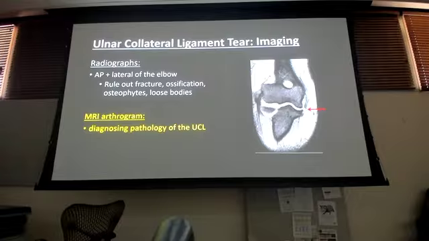All right, so MRI arthrogram, okay, is this intra-articular pathology? 50-50, 80-20. Is the UCL intra-articular? Yes. Okay? Meaning that if it's ruptured, it can cause intra-articular instability.